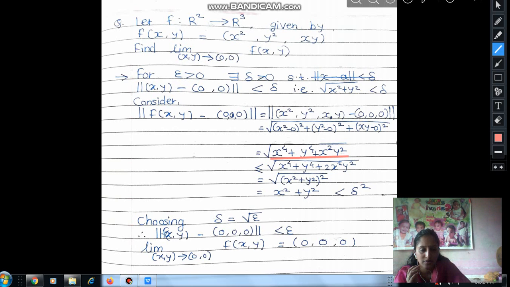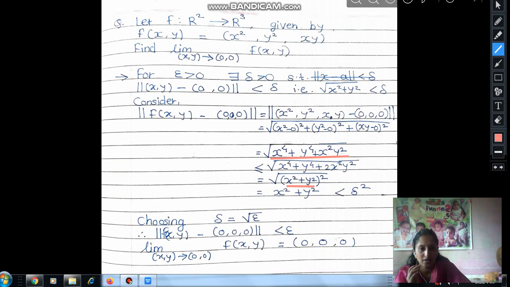So this is x raised to 4 plus y raised to 4 plus x square y square, which is less than or equal to, here we are adding 2 for adjustment, the square of (x square plus y square) in brackets. Since we are adding 2 here, this term is less than or equal to that term.